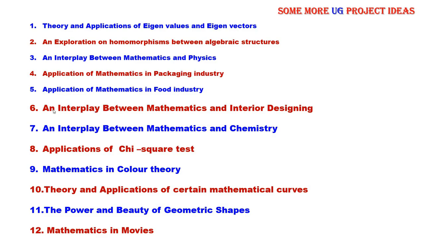So in the same way, you can have all this: the interplay between maths and interior designing, maths and chemistry. Then how you can apply chi-square test, mathematics and color theory, then mathematical curves, their application and theory, and geometric shapes, their power and beauty, and the most interesting one, mathematics in movies.